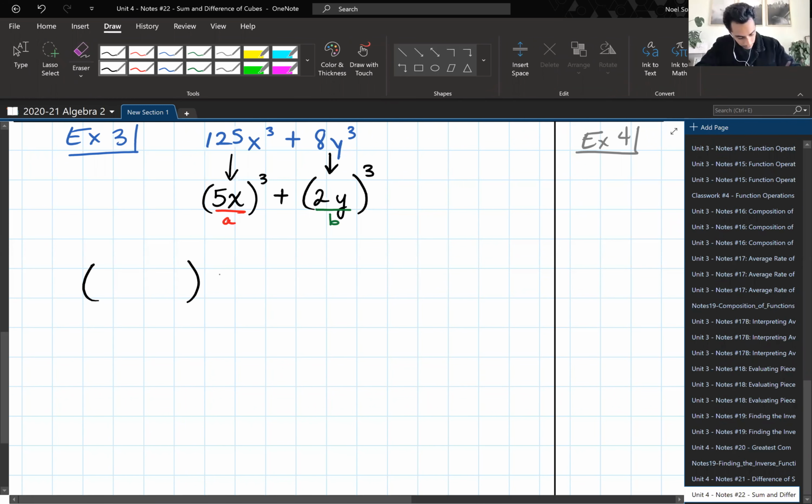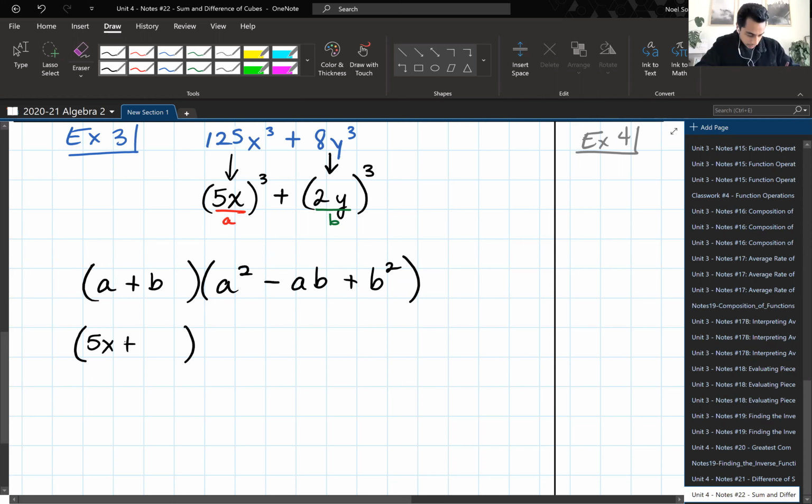So we begin with the general outline. The general form will be a plus b, a squared minus ab plus b squared. So same, opposite, always positive. All right, so now when I do my substitutions here, a is just 5x plus b is 2y.